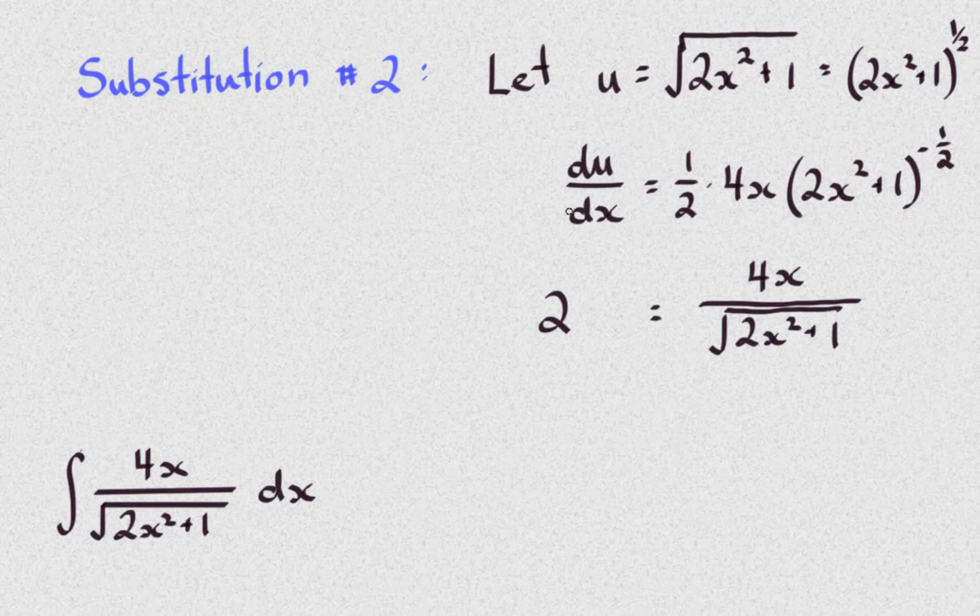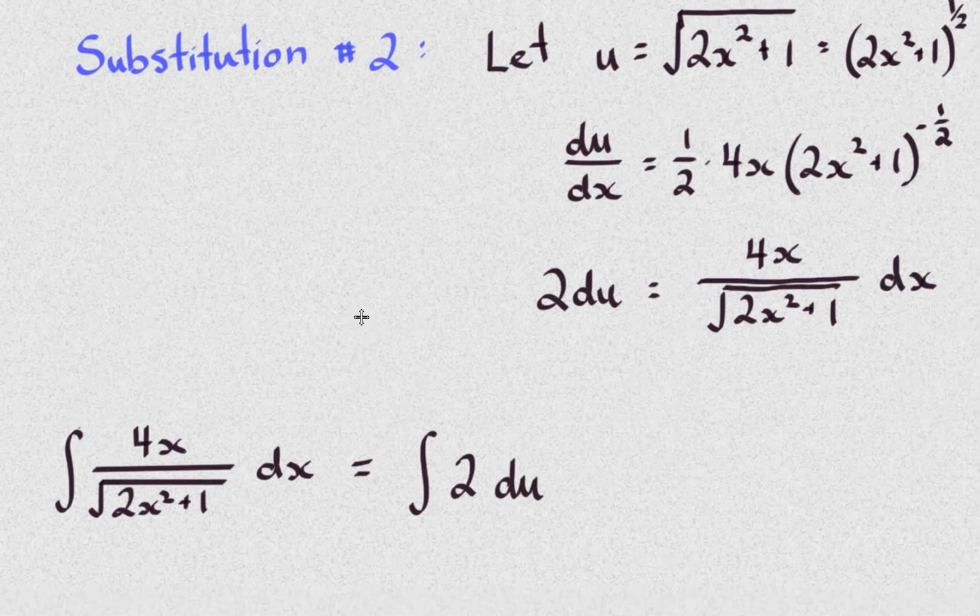And let's also take this dx and multiply it to the right hand side. And so we are left with 2 du equals this function. And that's actually the whole integral. So even though there's a bit more work in this part, it simplifies really nicely. We can replace our original integral with the integral 2 du.